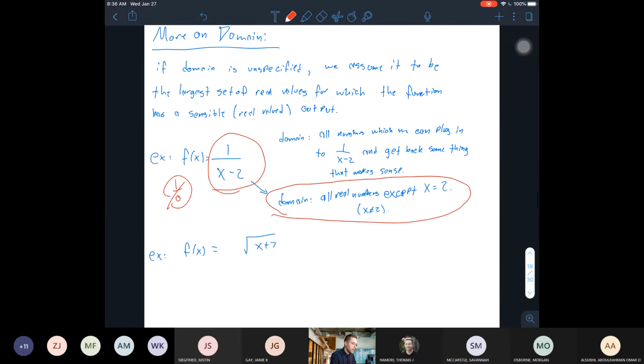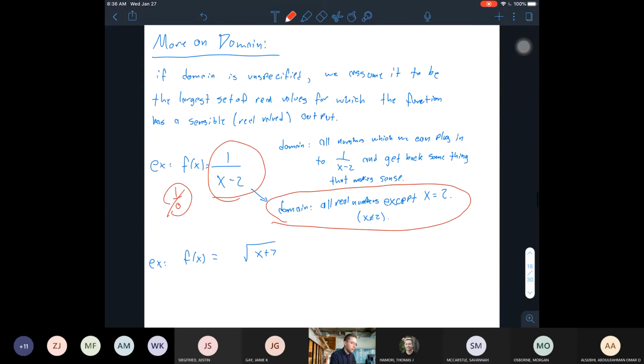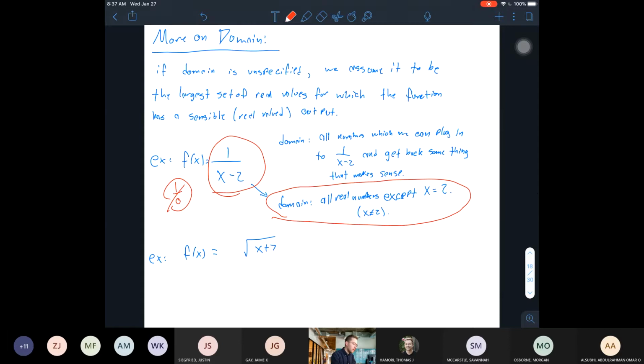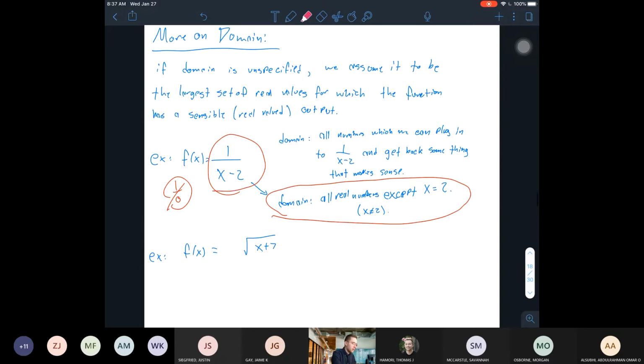There's one other thing that we have to consider with domain here, and it usually has to do with square roots, or really any even powered root. If we do any even power root, we can't do an even powered root of a negative number. Okay, we can, but we specified in our definition up at the top that we want the output to be real valued.